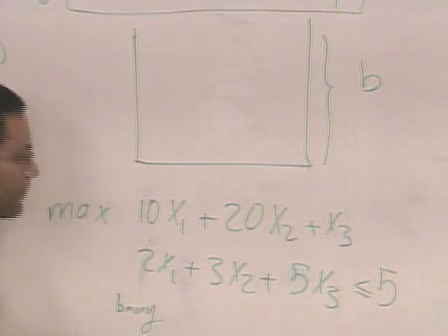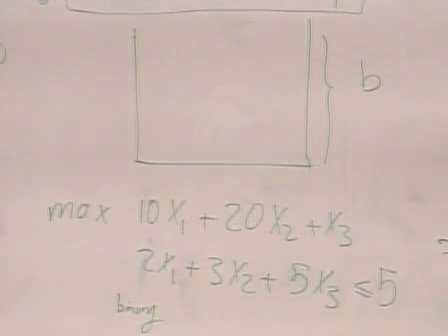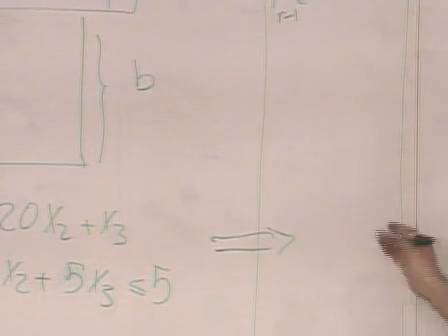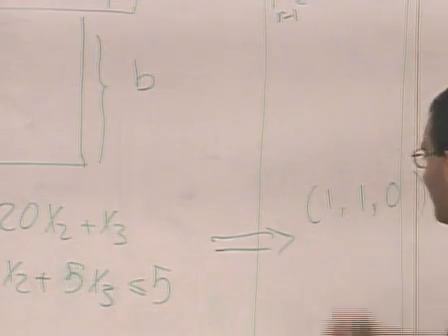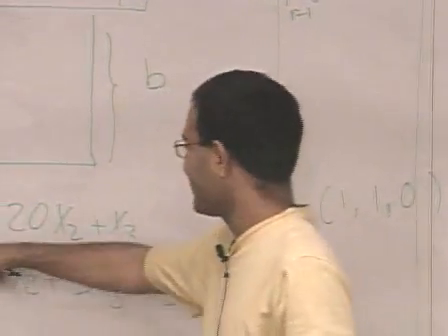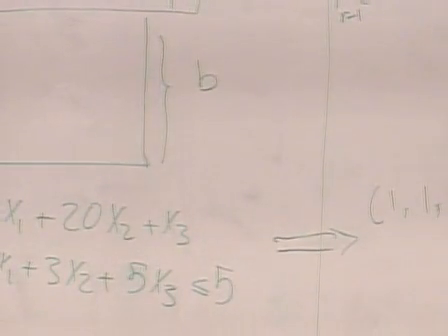Okay. Now, the solution to this guy, when you solve it, it turns out to be what? It's 1, 1, 0. Okay, I just showed some arbitrarily big numbers to make it clear that these 2 have a lot of value, you put them there, this one. So this would be the optimal solution, 1, 1, 0.